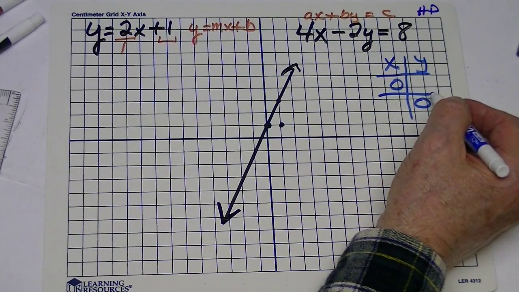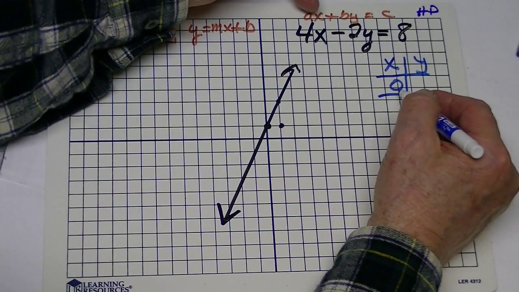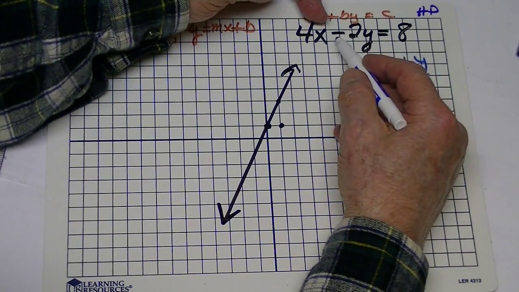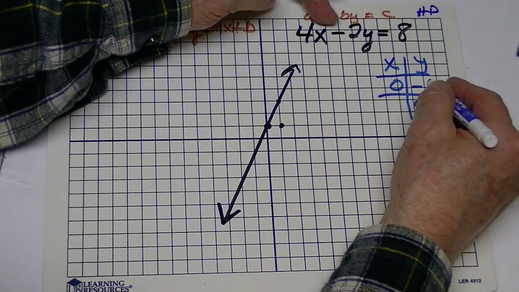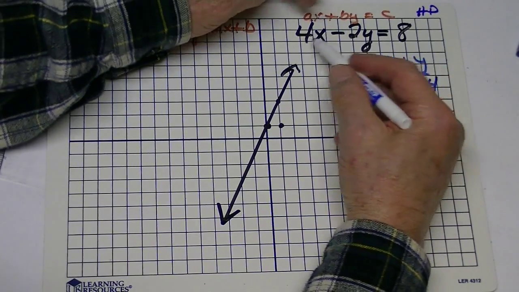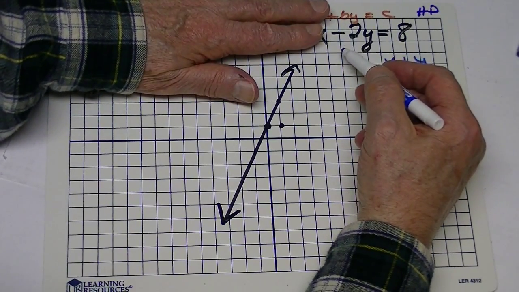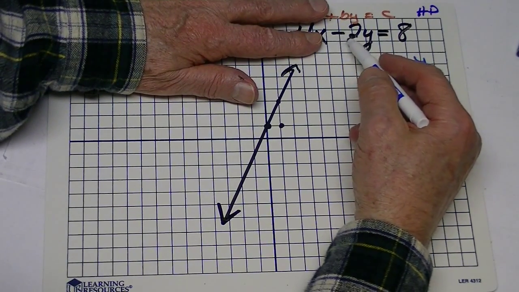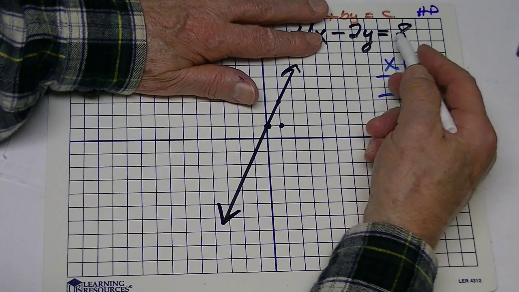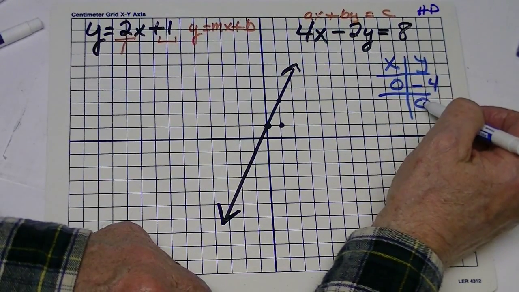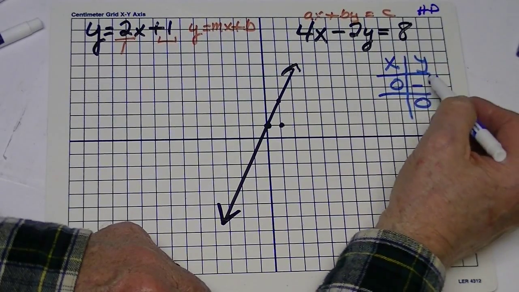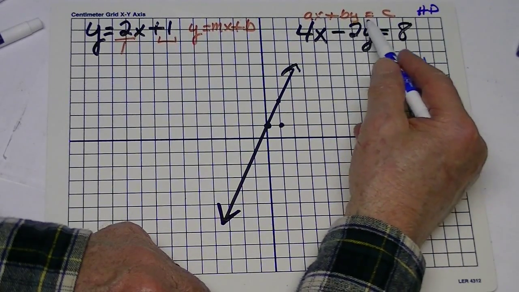So now if x is 0, y is going to be a negative 4. If x is 0, we cancel that out in a sense. Then we just divide both sides by a negative 2. A positive y is negative 4. Now if y is 0, this becomes 0.